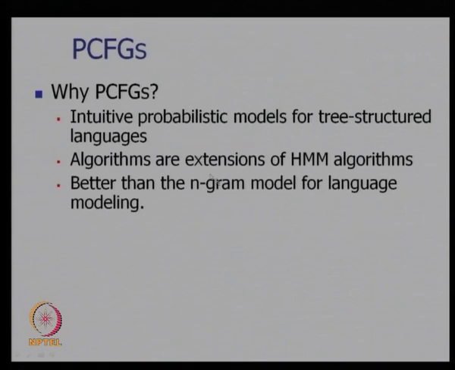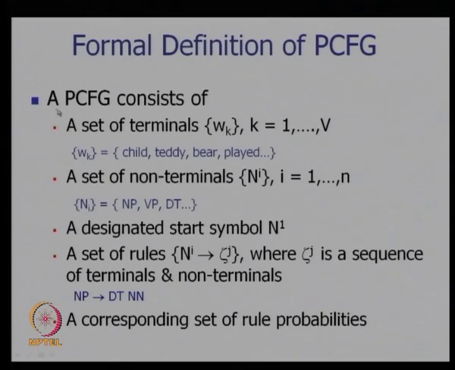Now, the PCFGs are better than n-gram model of language modeling. We will justify why. Now, first we give a formal definition of PCFG, probabilistic context-free grammar. A PCFG consists of a set of terminals Wk, k equal to 1 to V. For example, if our vocabulary is child, teddy, bear, played, then this is the set of Wk.